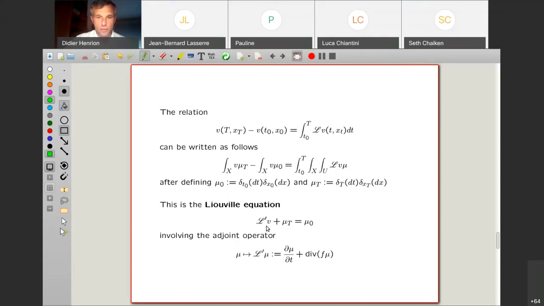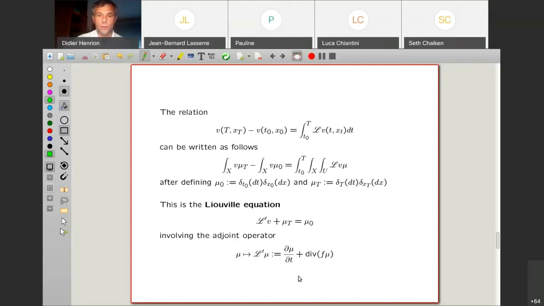And here, I'm sorry, there is a typo. This is L adjoint of mu, not of v. It acts on measures. So L v mu is equal to L adjoint mu v. It's the adjoint. And the adjoint operator is defined like that.